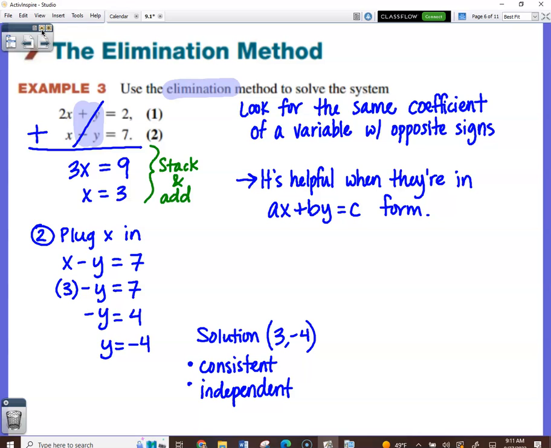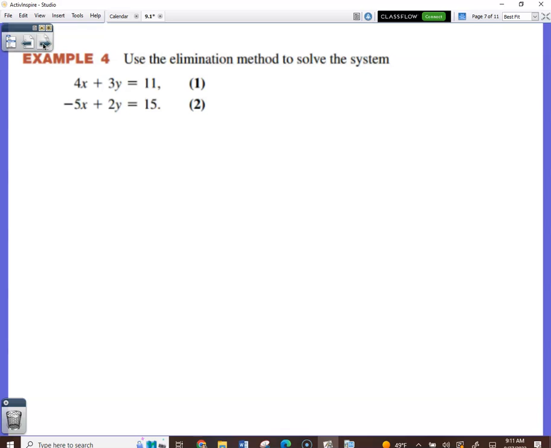Okay, let's level it up though, because that was too easy. Let's go to one where there's not already opposite coefficients. Use the elimination method to solve here.